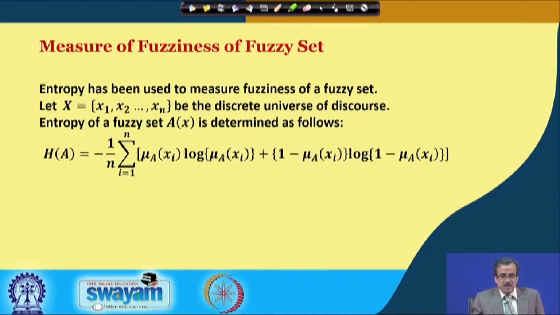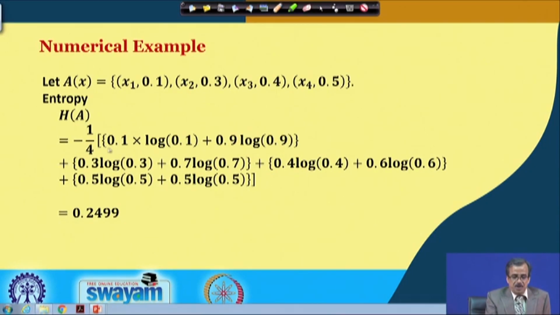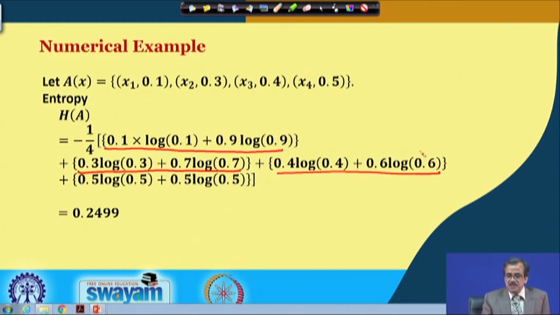Now, using this formula, I can very easily find out, corresponding to x1, 0.1 log of 0.1, then 1 minus 0.1 is 0.9 and log of 0.9. So I can find out this part corresponding to x1. Then corresponding to x2 I can find this component, corresponding to x3 we have this, and corresponding to x4 we have this.